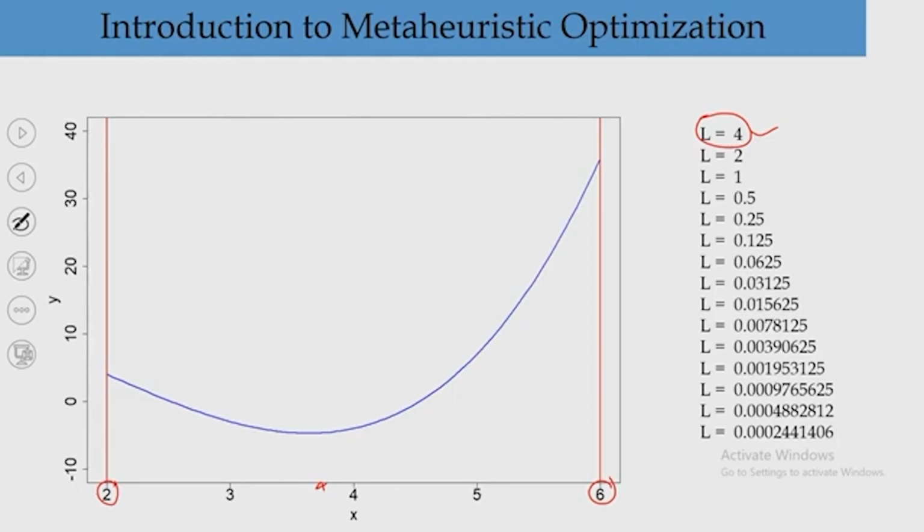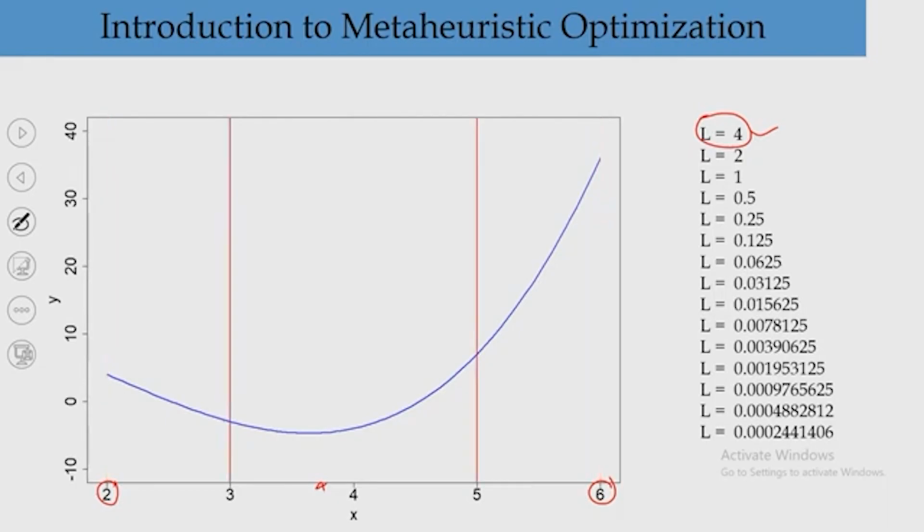Now, if I apply the interval halving method, then after one iteration, in the second iteration, I am getting the lower bound equal to 3 and upper bound 5, and the length is equal to 2. Then in the next iteration, the length I am getting is 1, lower bound is 3, upper bound is 4.